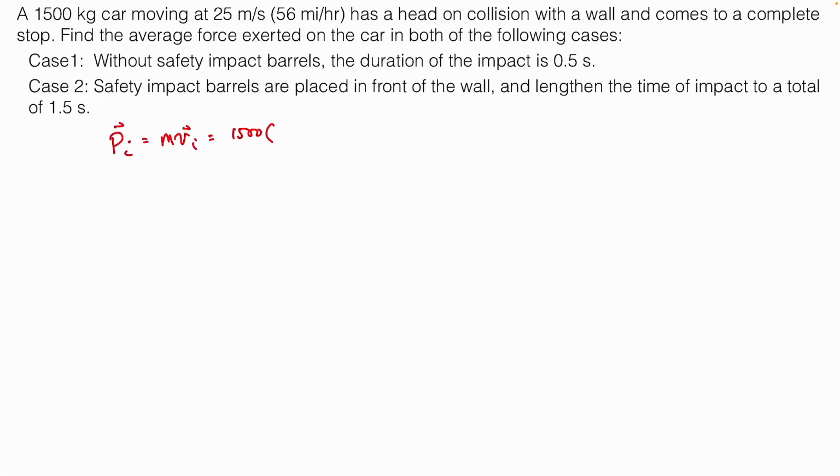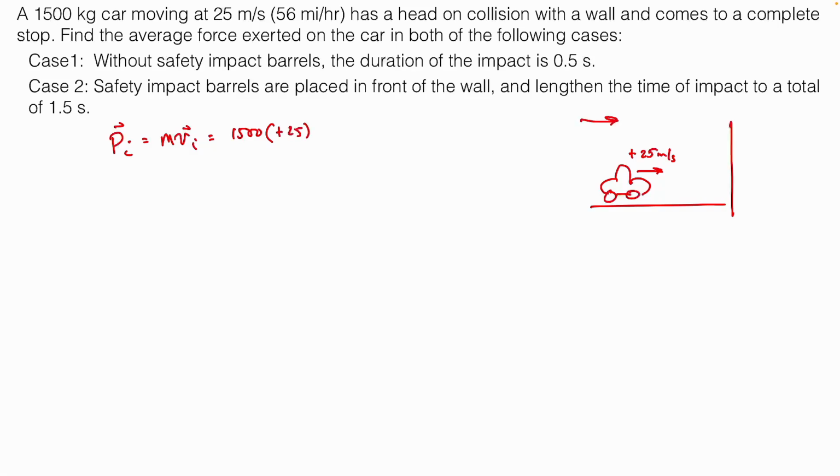Now if I'm going to put a number in, I have to put a positive or negative sign on it. So now we've got to define what we mean. Maybe we'll visualize a little picture here. Car. If the car is initially heading this way at 25 meters per second, are we going to call that direction positive or negative? Positive? Great. So plus 25.